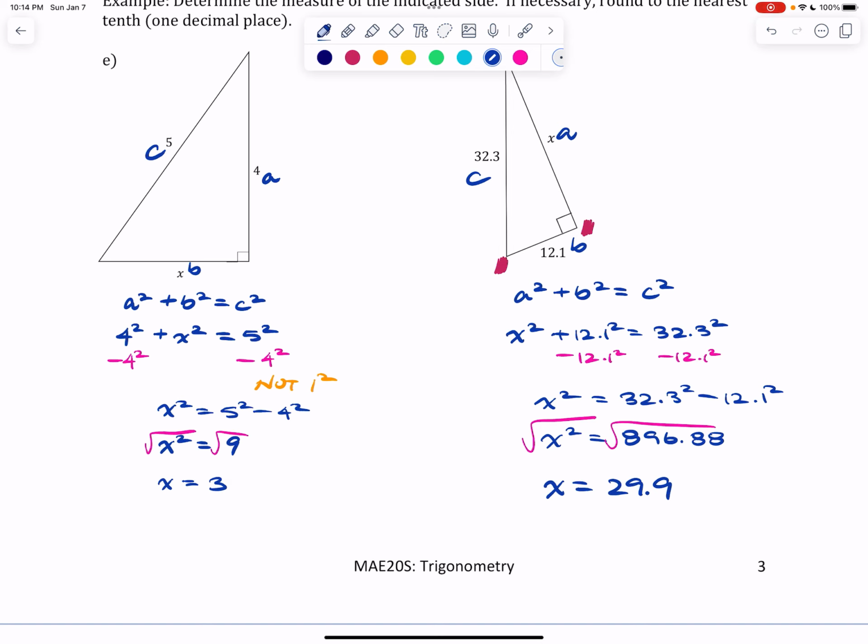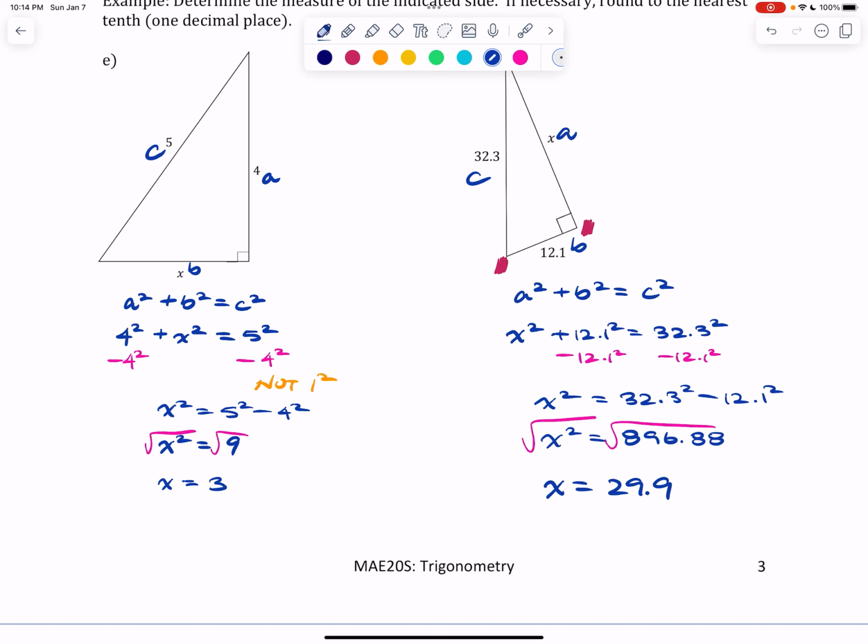C squared, we're going to use this value of c that's given to us. And that is 17 squared then. So c squared is 17 squared. And again, let the calculator do the work. We find out what 17 squared is. And that gets us also 289.